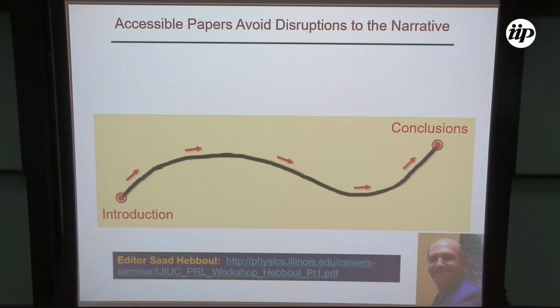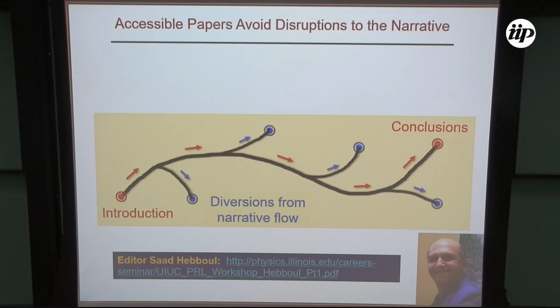And the kind of metaphor that Saad uses that I liked, that I want to convey, is he used this like a windy river, where you start off in the introduction and the reader follows along smoothly with no disruptions to the conclusions and follows completely your logical flow, and at the end says, this person can't be wrong, and I believe what they're trying to tell me. And what you want to avoid is, the way he described it, diversions.